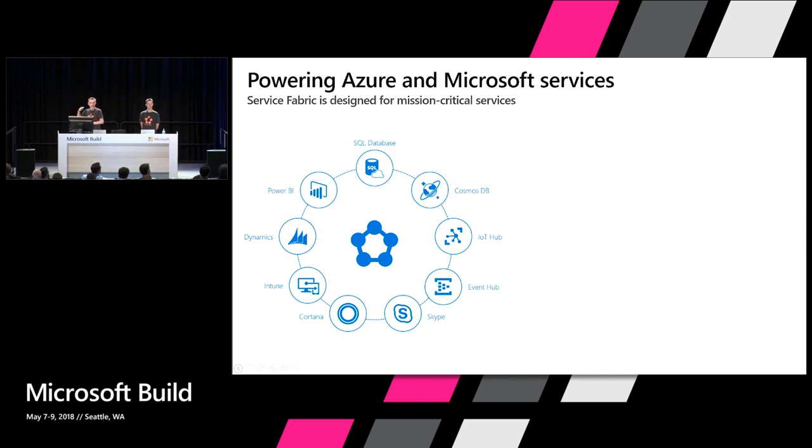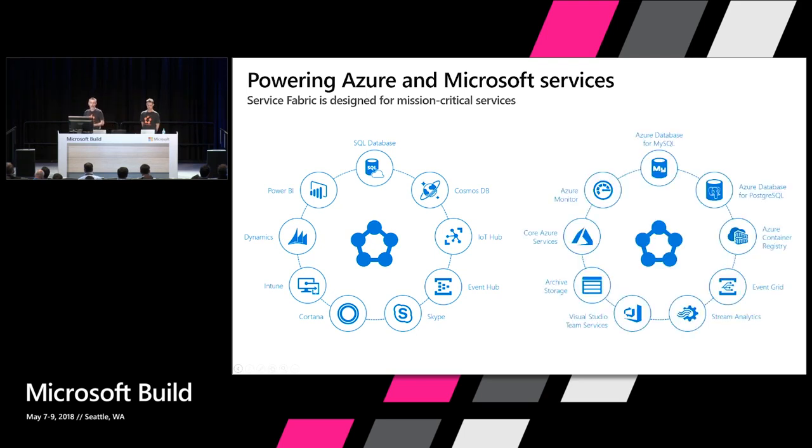So it's not only our customers, it's also our own services. We showed this list of services last year that all build upon Service Fabric as their core platform, and the growth of these services has been tremendous. Cosmos DB, SQL DB: these services exist because Service Fabric is the key underlying platform that allows them to scale and achieve all those great capabilities you expect from a distributed systems platform.